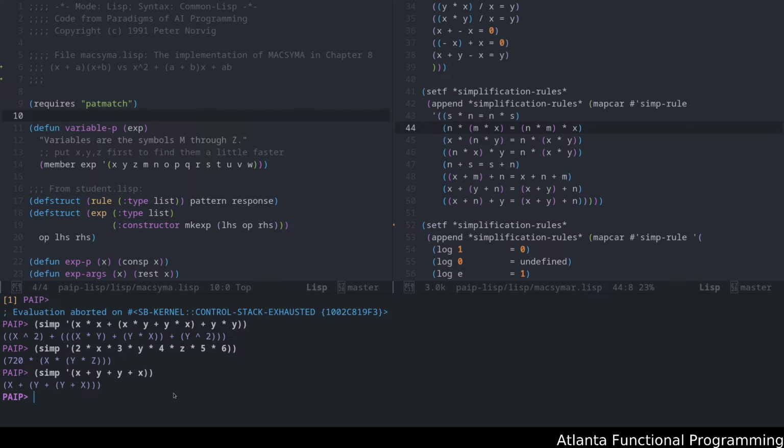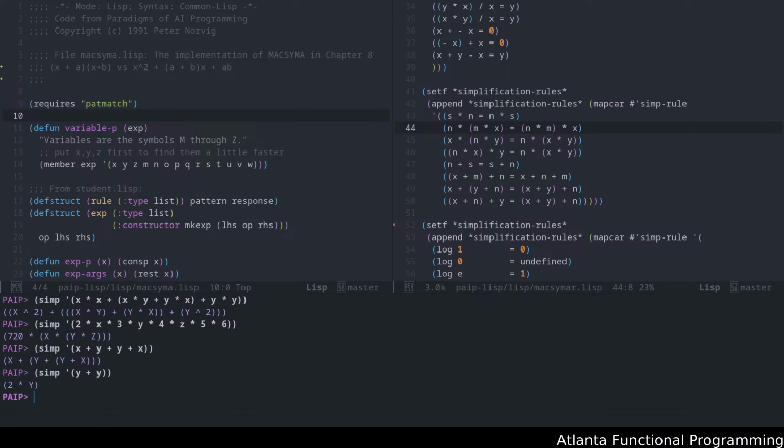And you can also see that this can handle the basic case, all right, but it's not handling these more advanced cases.